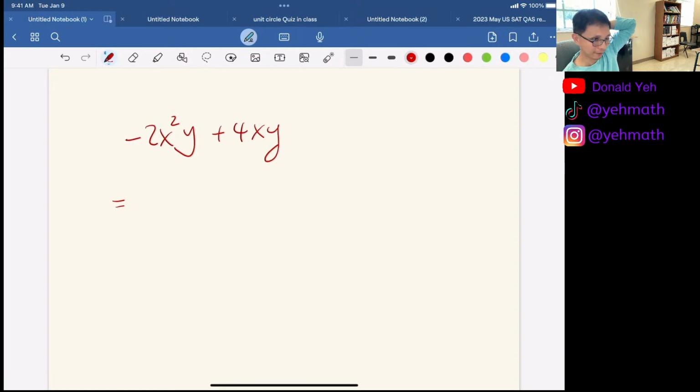It'd be -2, x and y. That's awesome. Why? Because they both have x, but there's x squared and there's x, but they both have a y as well, and they both have 2. But the first one's coefficient is negative, so you factor out the negative. McKenna, what do you have left after you factor out? -2xy times x minus 2. That's awesome.